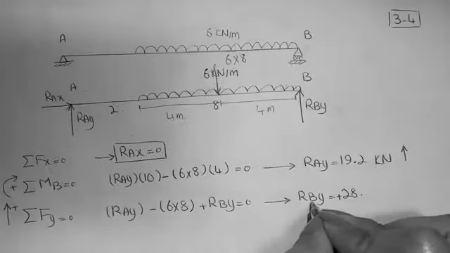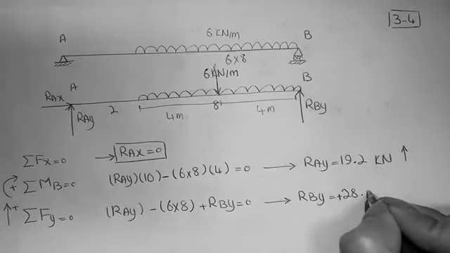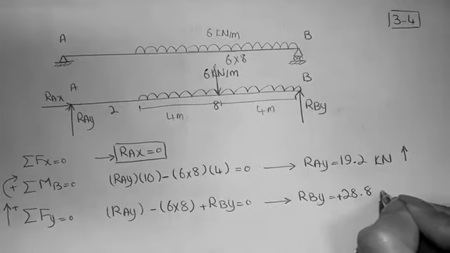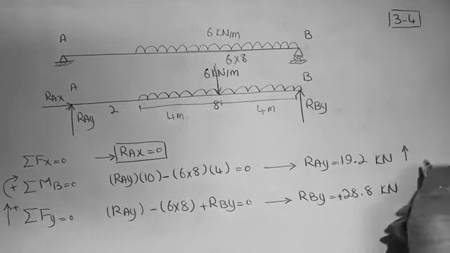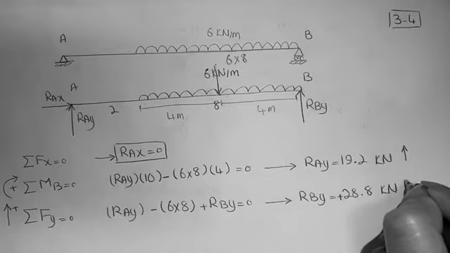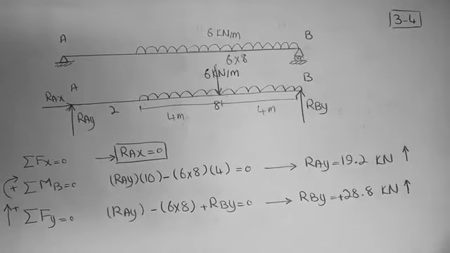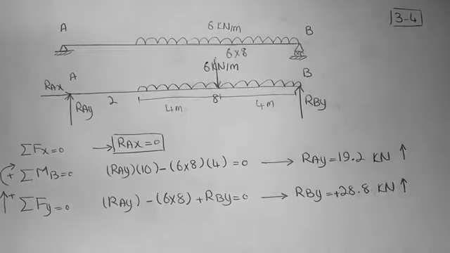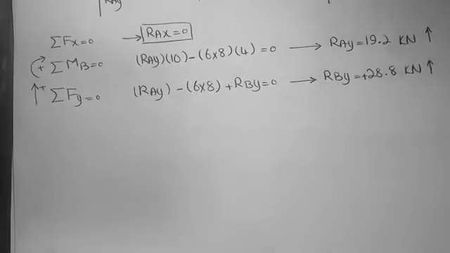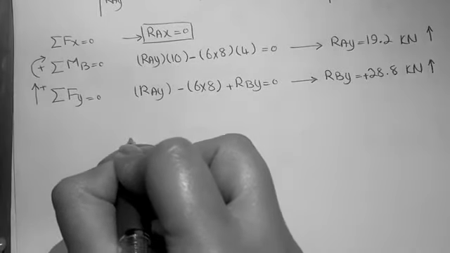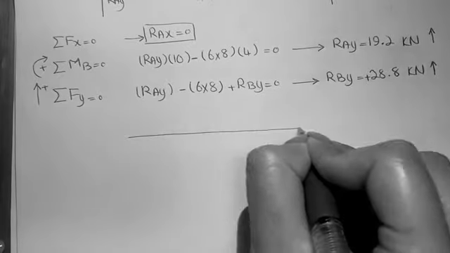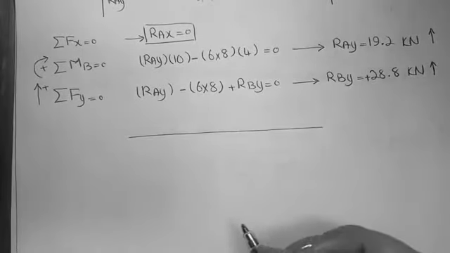This gives us RBY equals 28.8 kilonewtons upwards. Okay.